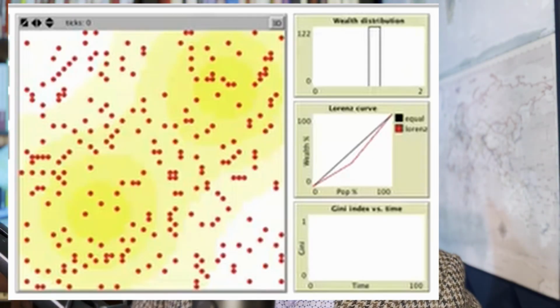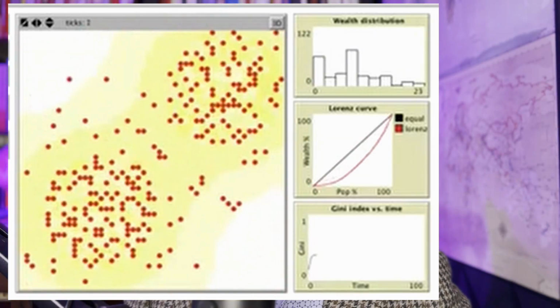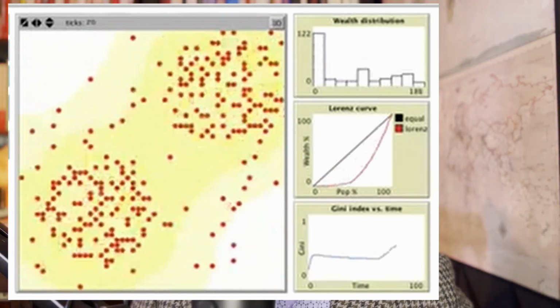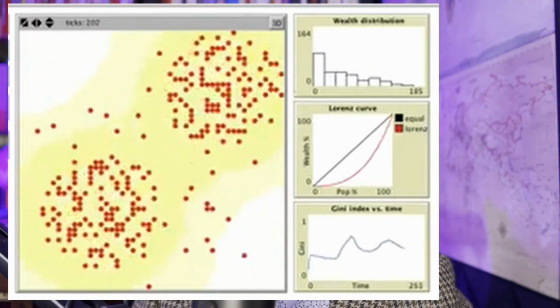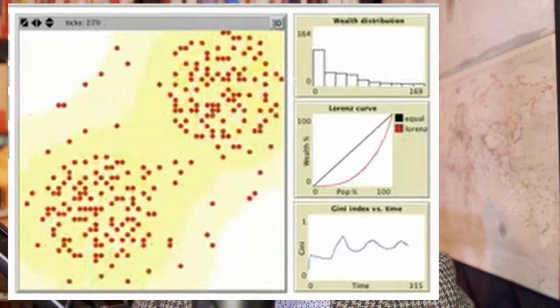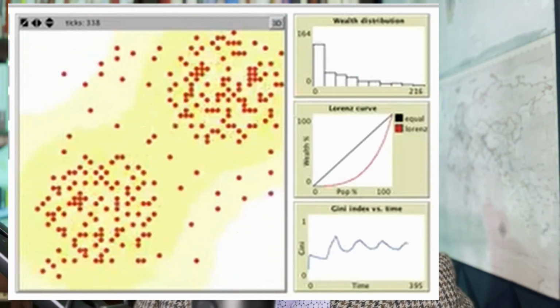In fact, this is one of the most empirically best supported patterns in the history of economic science. It's the idea that the wealth distribution is always the same shape, no matter whether you're looking at Maasai tribes where the wealth is measured in cattle, or you're looking at a modern capitalist, financialized economy like the United States, where most wealth is measured in the form of shares of companies.